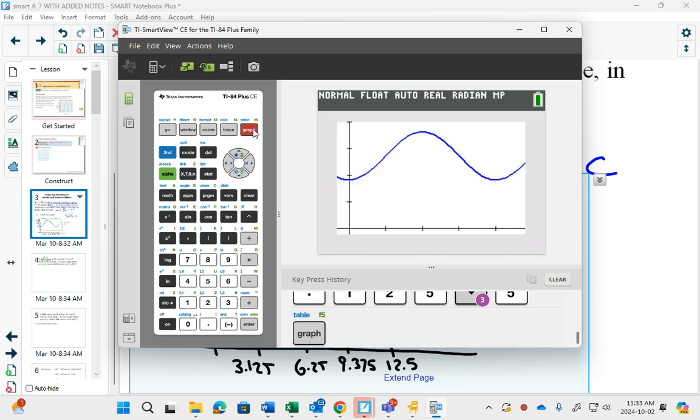And now when I go graph, I see my graph. It has the ticky marks exactly where I had them down here. It's going by 5s here, 5, 10, 15, 20, and adds that in. So first of all, how to use a graphing calculator so you can see what you want.